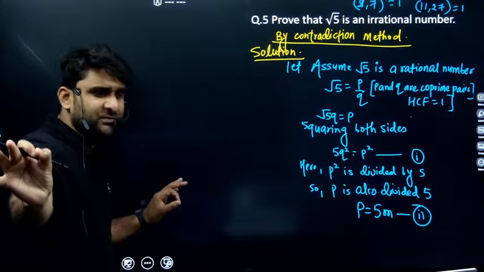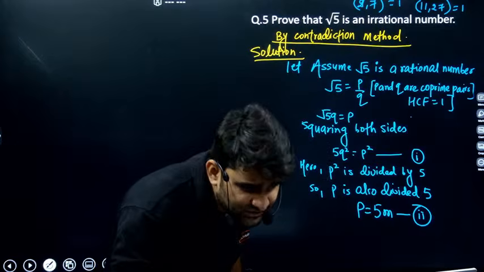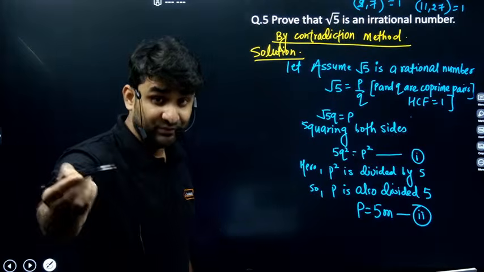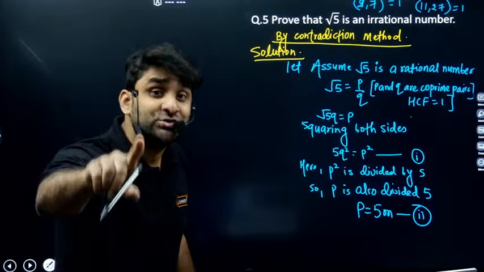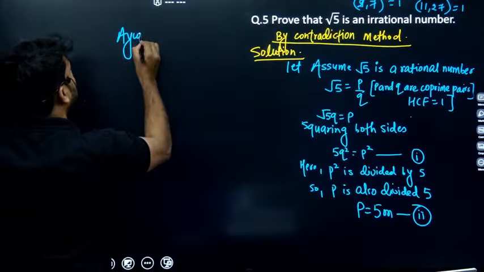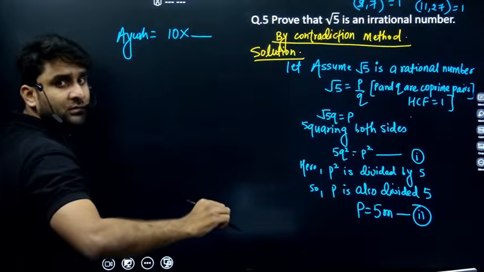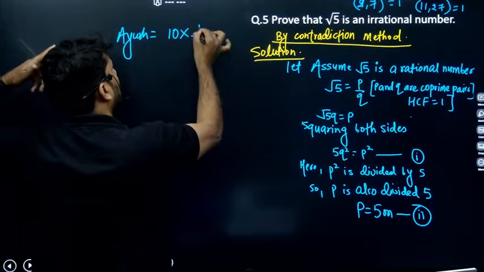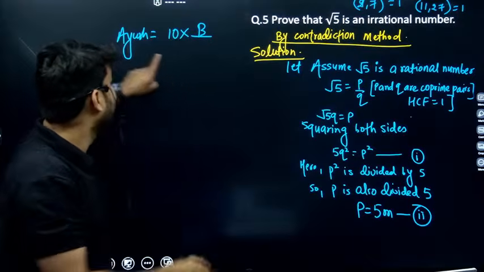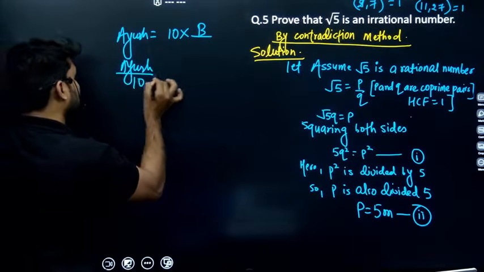If I ask you guys, what is your name? Any student name? Ayush. For example, Ayush can be divided by 10. So I can write this statement as Ayush is equal to 10 into anything, for example, Bangalore. So here 10 is in multiplication with Bangalore. When 10 comes to this side, I can write Ayush by 10 is equal to Bangalore.